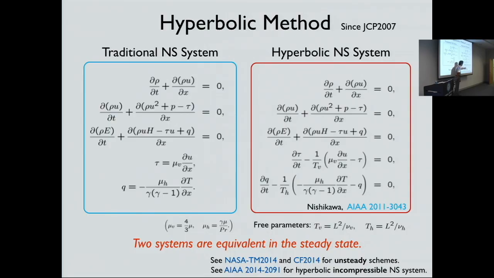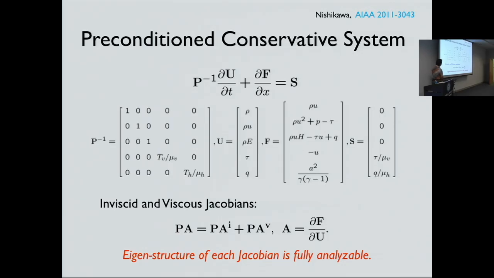But these times depend on the viscosities, so it's non-linear, and this whole system cannot be written as a conservative system. But we can put these coefficients on the left-hand side of the time derivative, because we don't care about the time accuracy. So we can write this as a preconditioned conservative system. This is 1D, but this is possible for 2D and 3D.